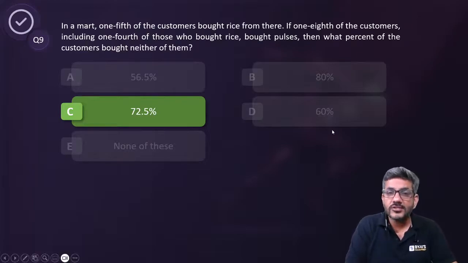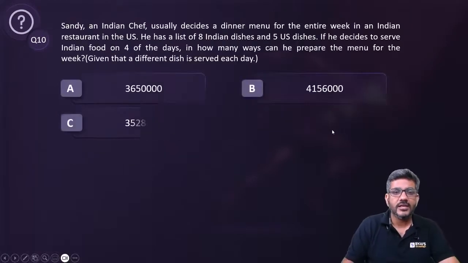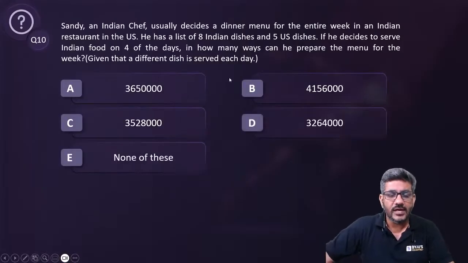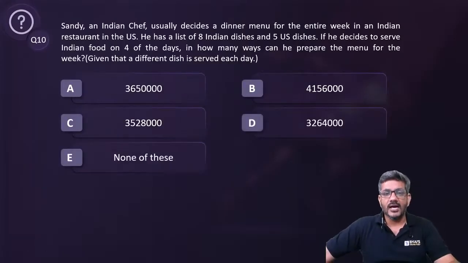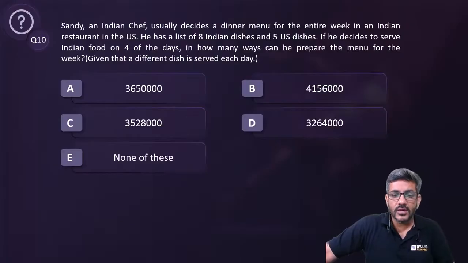I'll move ahead to the last question of the day. Question number 10 on your screen is here. Let's see how many of you answer this correctly. It's the last question. I would like to see more correct answers for this question now.